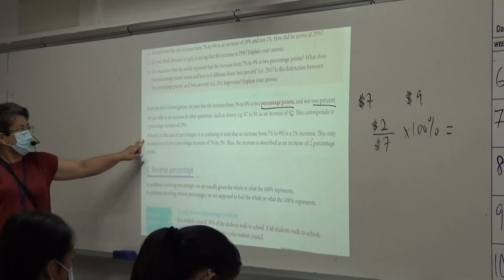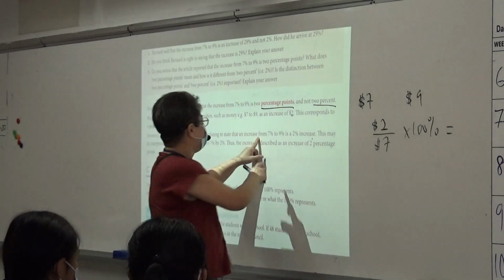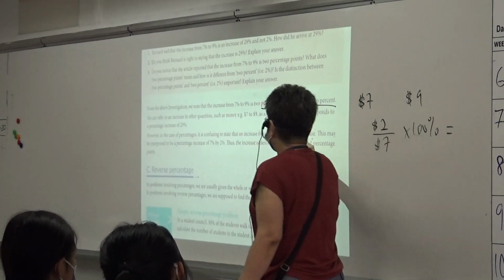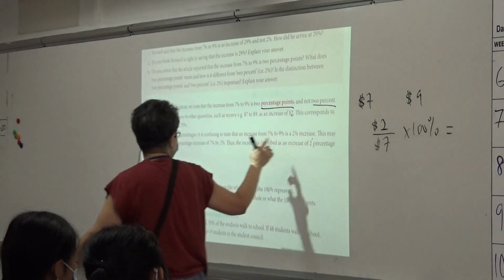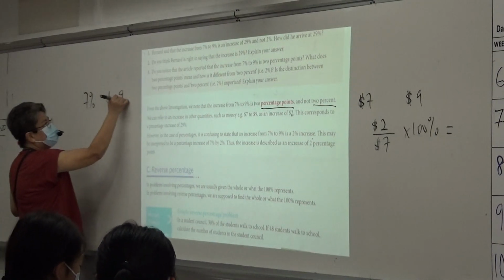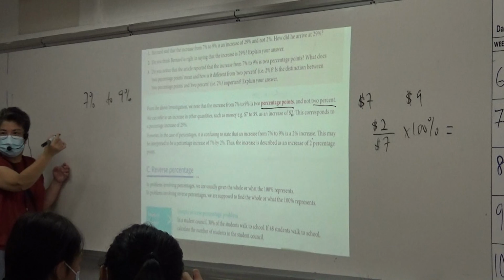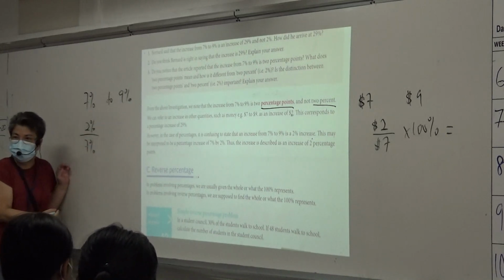However, in the case of percentages, it is confusing to speak. Increase from 7% to 9% is a 2% increase. That's not quite right, because you know why? If it's 7% to 9%, it's 2%, right? But it's actually 2% over original, you know.